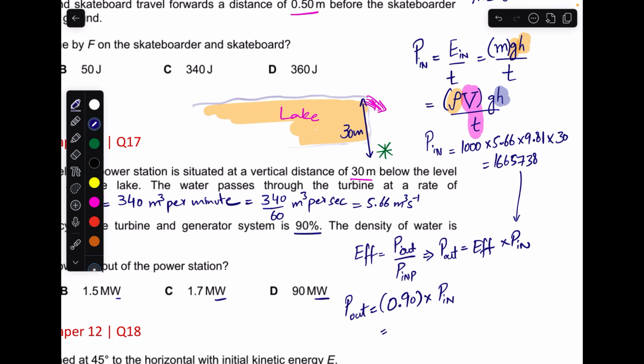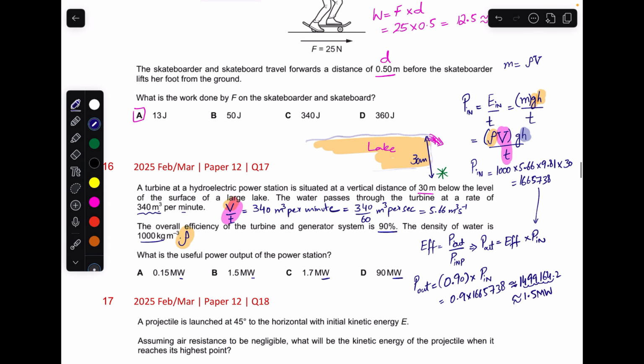So you will get 0.9 multiplied by 1665738, which equals 1499164.2. That is almost, if you round it off, 1.5. And how many zeros will be there? One, two, three, four, five, six. It's million watt, six zeros. So it's option B.